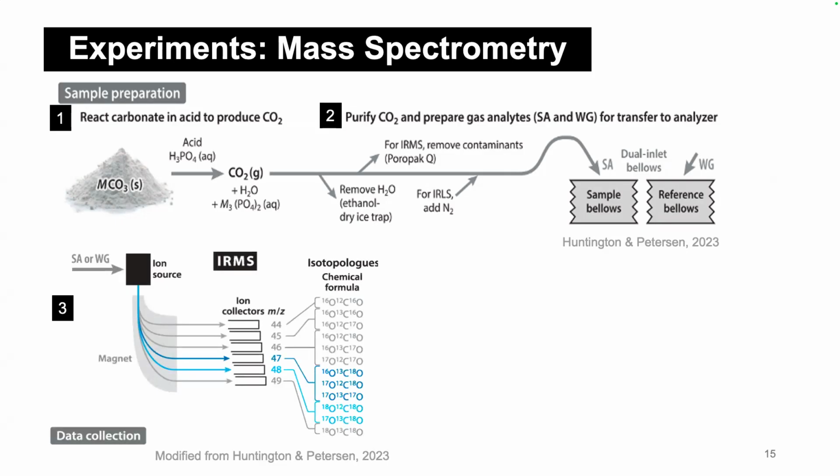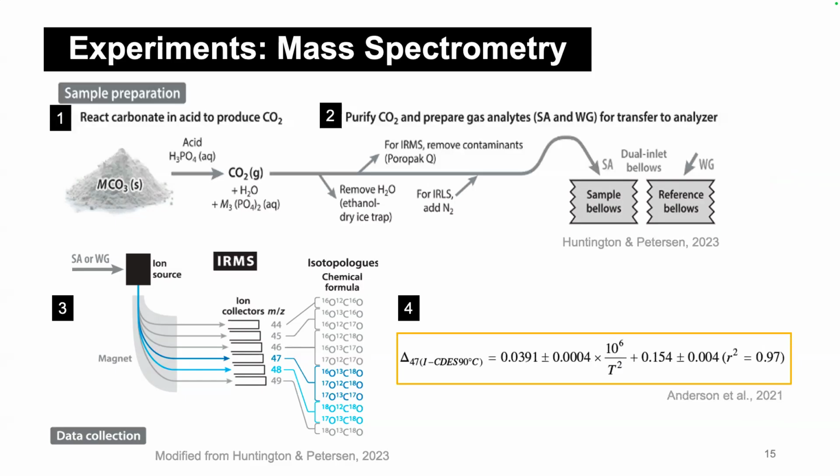The mass spectrometer separates the ionized CO2 molecules based on their mass to charge ratio, allowing precise measurements of isotopic abundances. These results are standardized using an interlaboratory calibration framework, the Intercarbon Carbon Dioxide Equilibrium Scales.